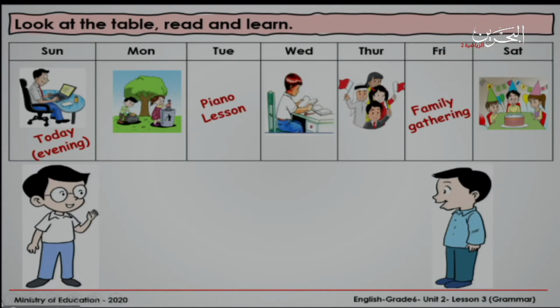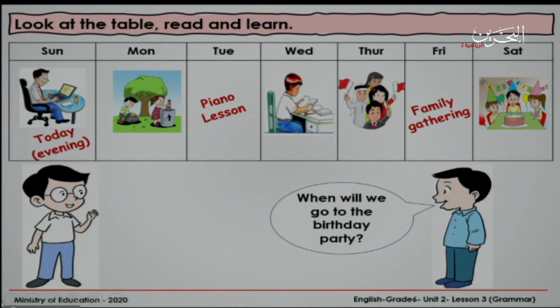Here we have got a table, and in each day of the week there is a different activity. Here is a conversation between these 2 boys. We will read the conversation and we will refer to the schedule above. When will we go to the birthday party? He answers, on Saturday.